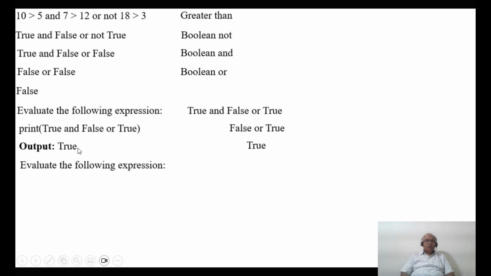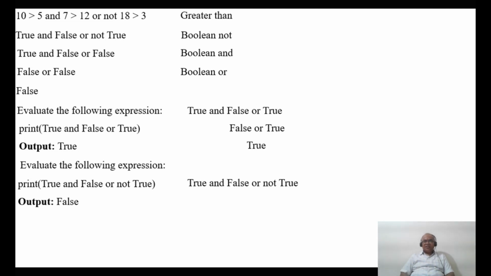Similarly, let us evaluate another expression: print true and false or not true. Here there are three Boolean operators: AND, OR, and NOT. The highest precedence in this case will be NOT. So not true is false, and you get true and false or false.